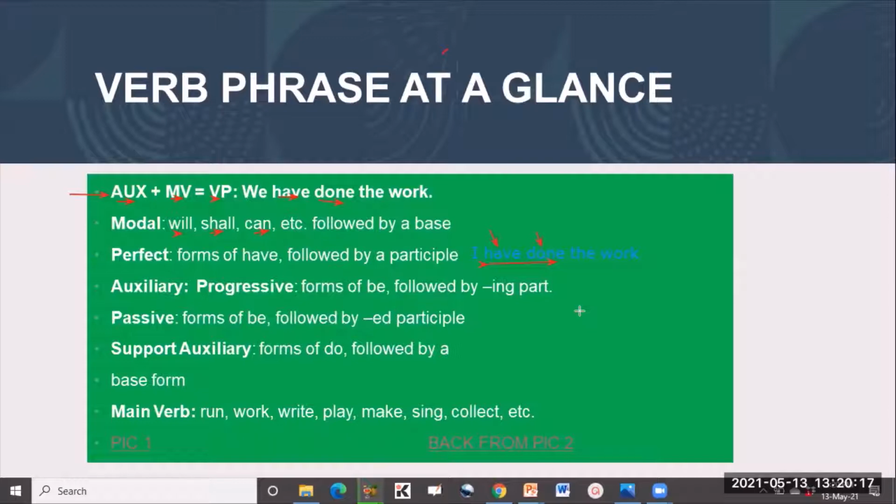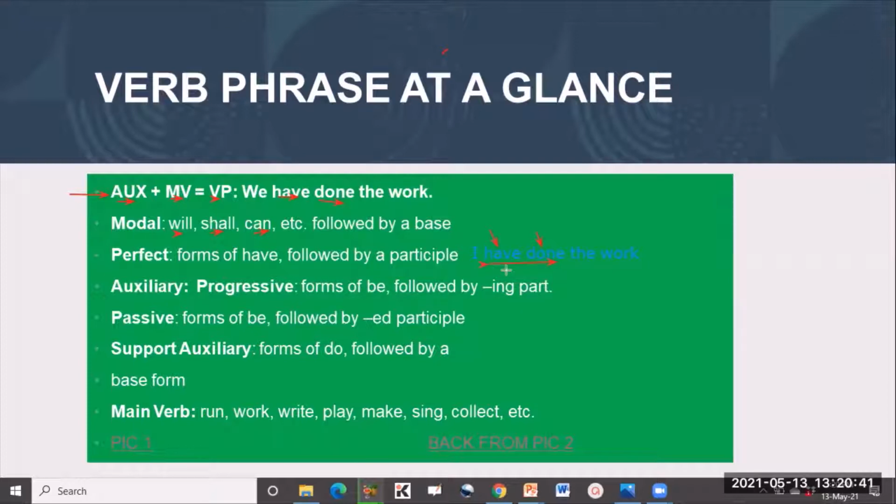Now, don't forget, it's really important that we are looking at the verb phrase, because the verb phrase is the mandatory element of the clause or sentence structure. What do we mean by mandatory element? We mean that without the verb, there is no sentence or there is no clause.